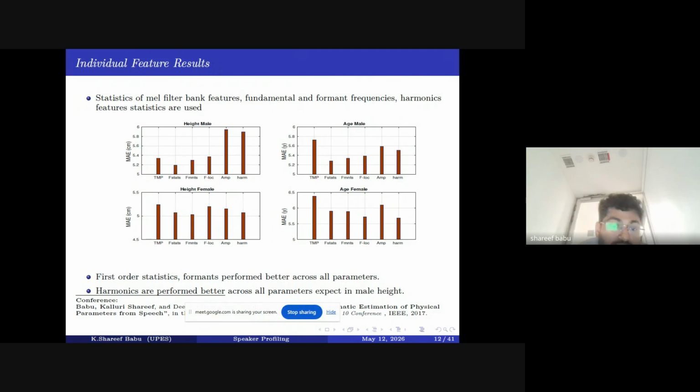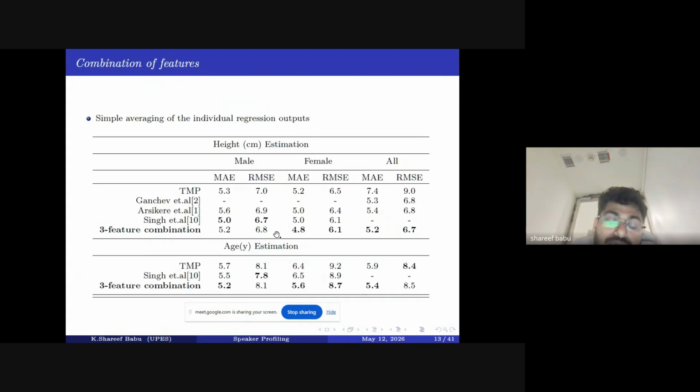We could identify some details for female heights using formants and first order statistics, and the harmonics as well, for height and age estimation.